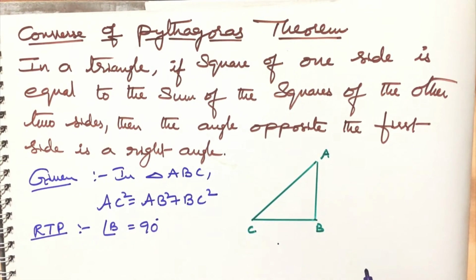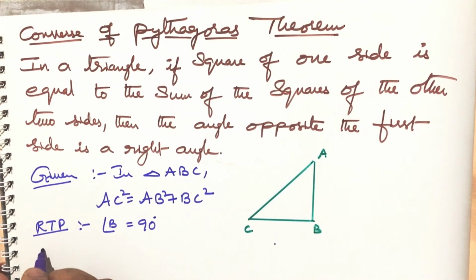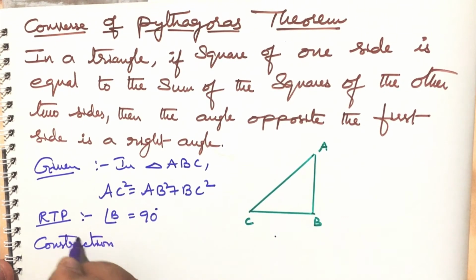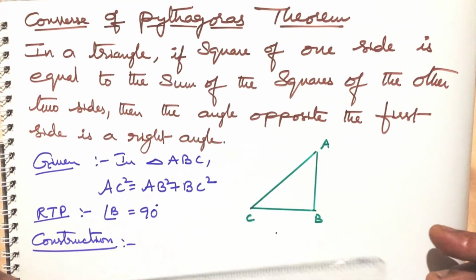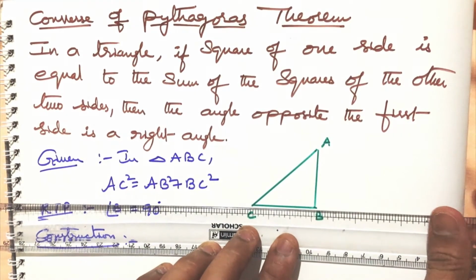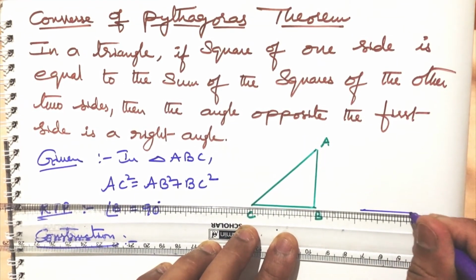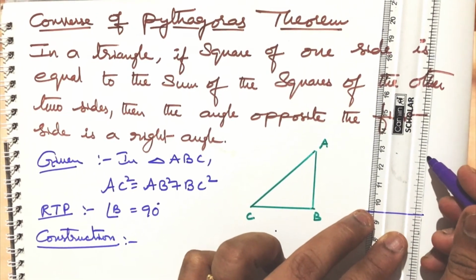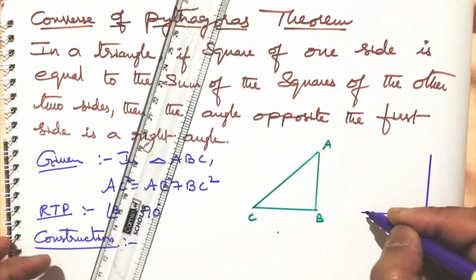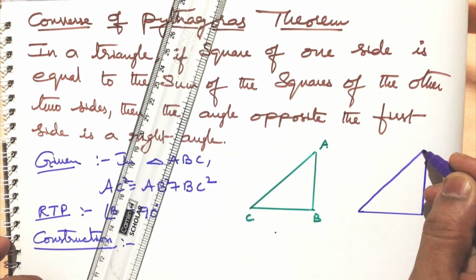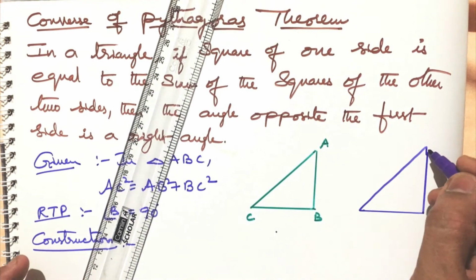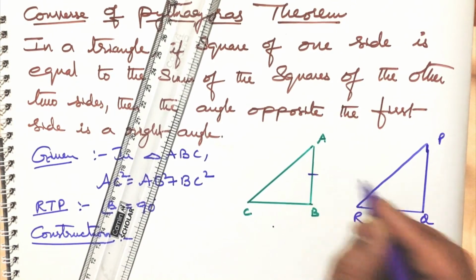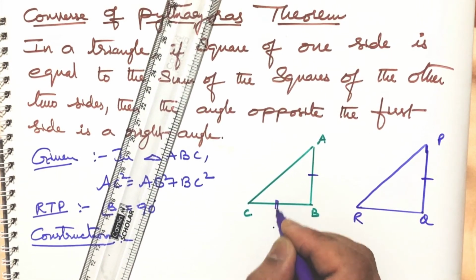And now construct one more triangle. Construction is needed for us right now. We have to construct a right angle triangle, which is triangle PQR, in the manner that AB is equal to PQ and BC is equal to QR.